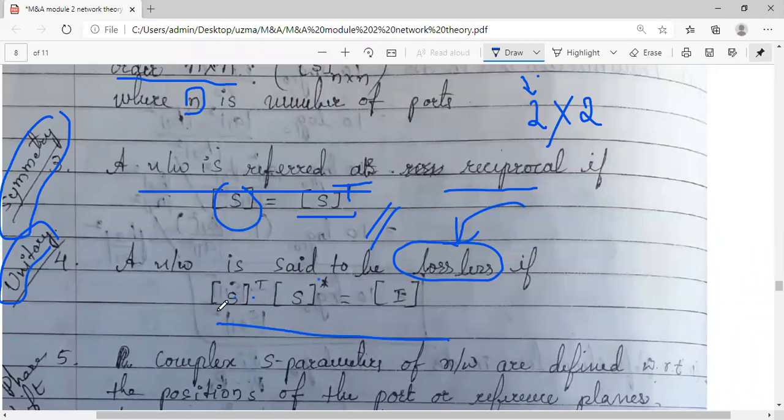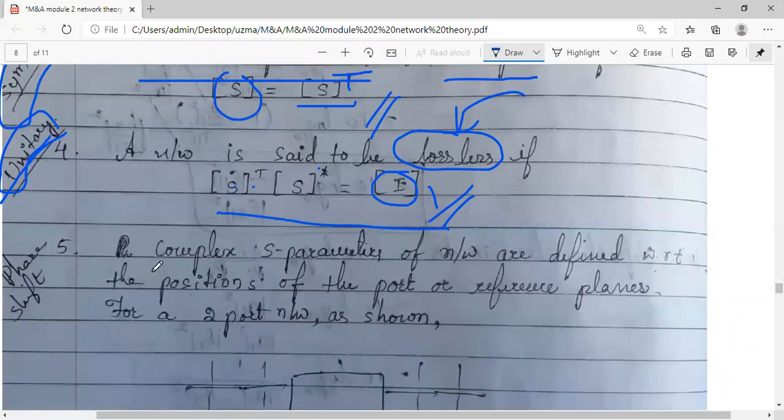Star indicates conjugate. If you take the product of these two, you will get the identity matrix. Because the term identity, one, is involved, it is called a unitary matrix. A network is said to be lossless if this condition is satisfied. This we call the unitary property.